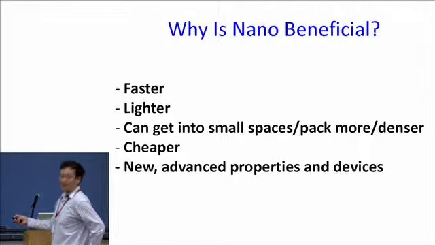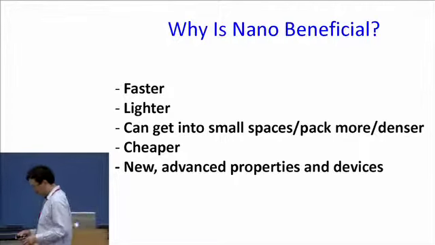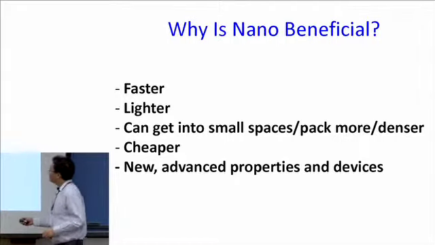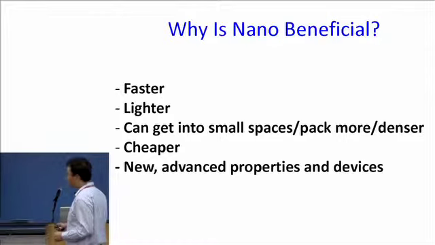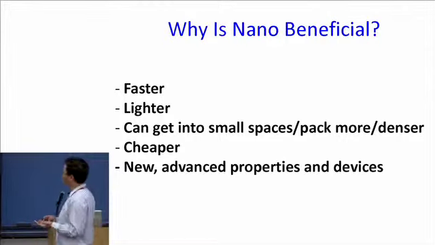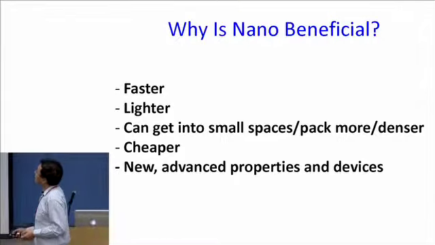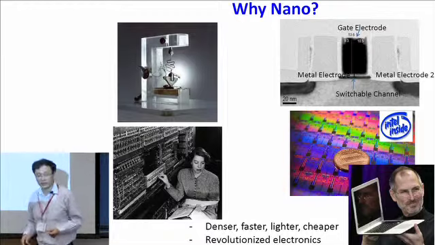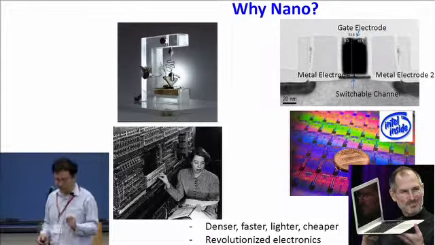And because they're small, they can be densely packed. So you can have a lot more on the same area. And cheaper, hopefully, okay, at least for some of them. And then they can also give you properties that you don't normally get so that you can make new types of devices.